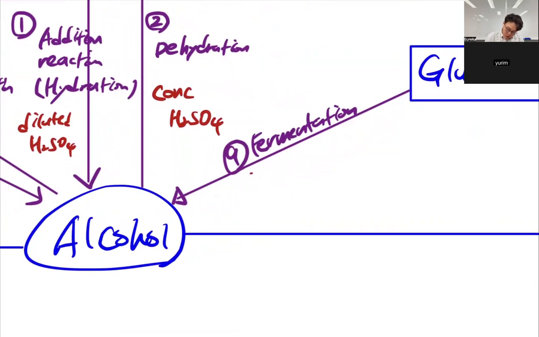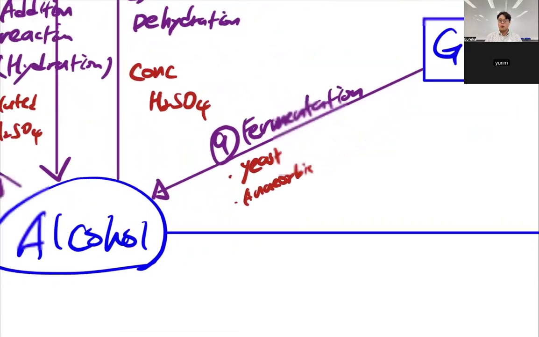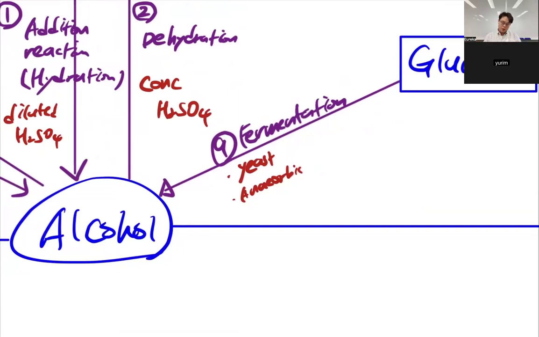We need to have some sort of yeast. Glucose is basically sugar. So from the glucose, we put in the yeast, and the system needs to be anaerobic. Anaerobic means no oxygen is required, so this is why we seal the whole structure.